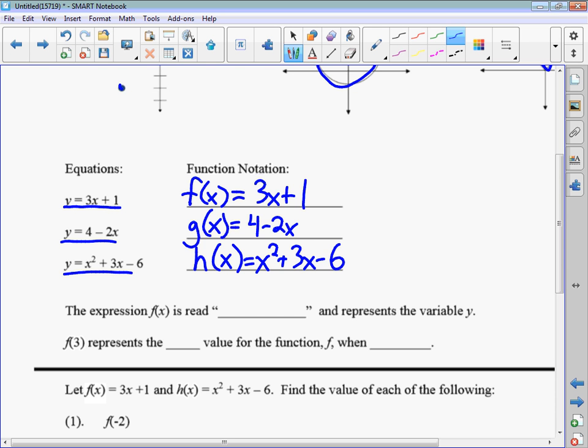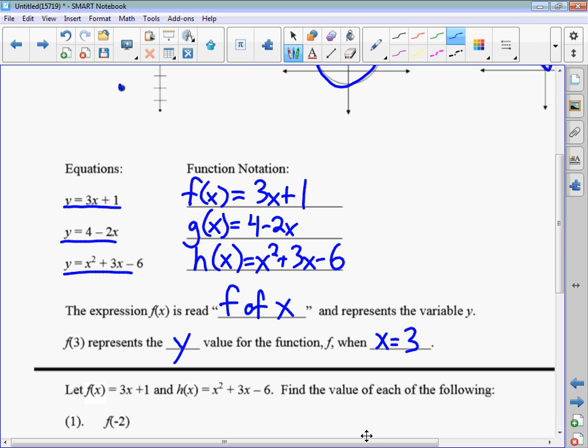And the expression f parentheses x is read f of x. And it represents the variable y. So f of 3 represents the y value for the function f when x equals 3.